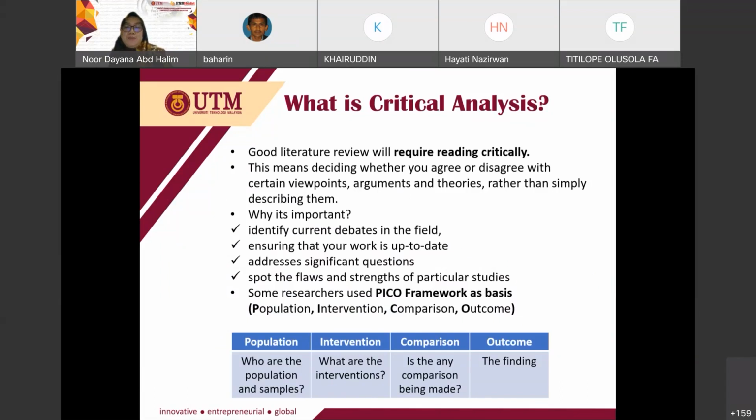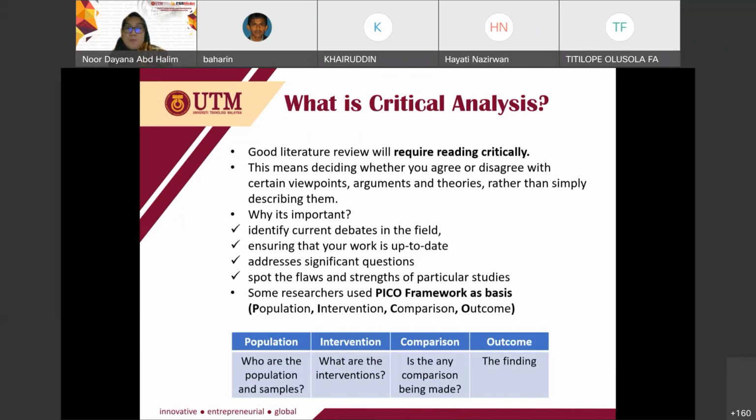Some of you like to read while listening to music, or you need a very empty space, with no friends near you. It depends on you, but you need to read the article critically. This means deciding whether you agree or disagree with certain viewpoints, arguments, and theories rather than simply describing them.